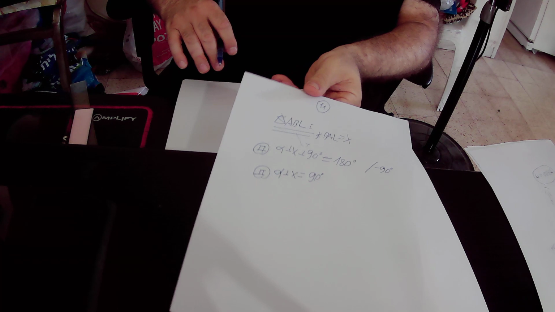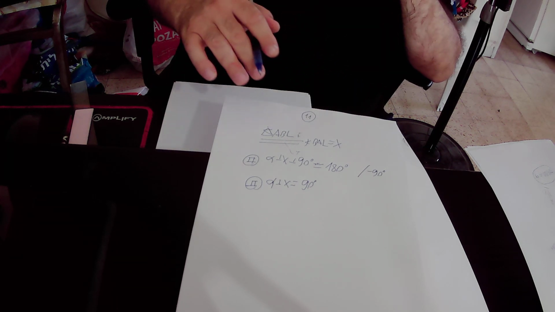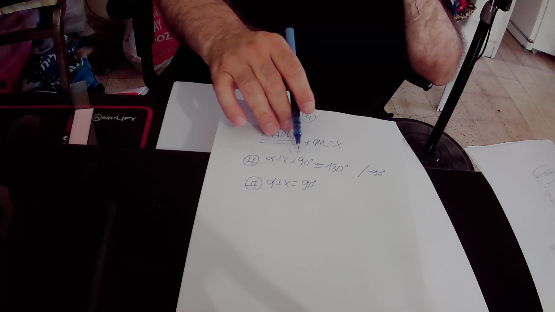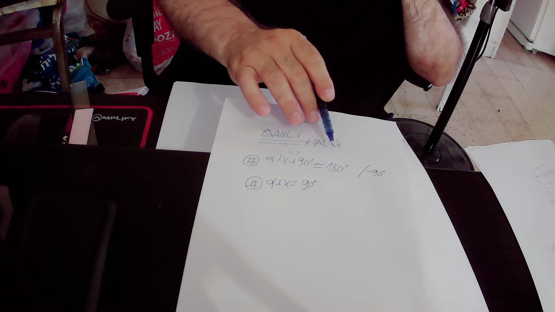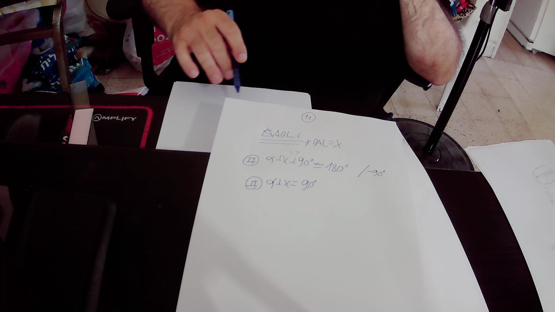Alpha plus X plus 90 degrees minus 90 degrees equals alpha plus X. 180 degrees minus 90 degrees equals 90 degrees.